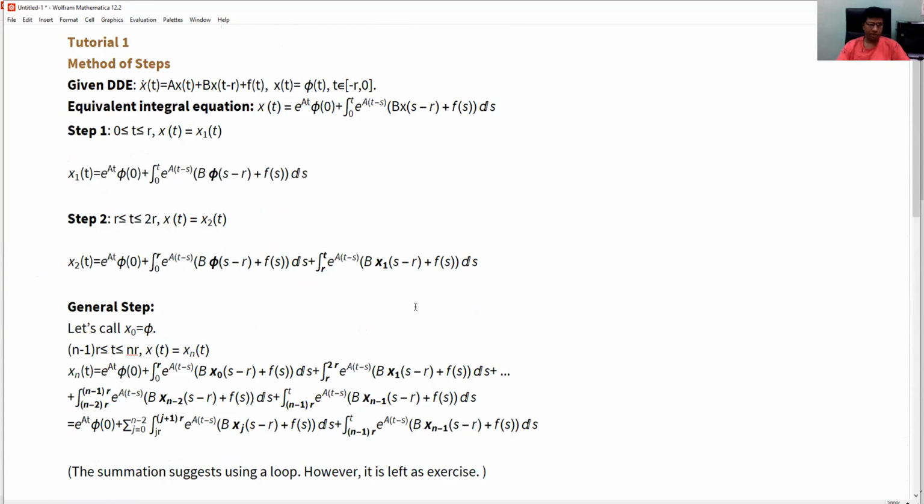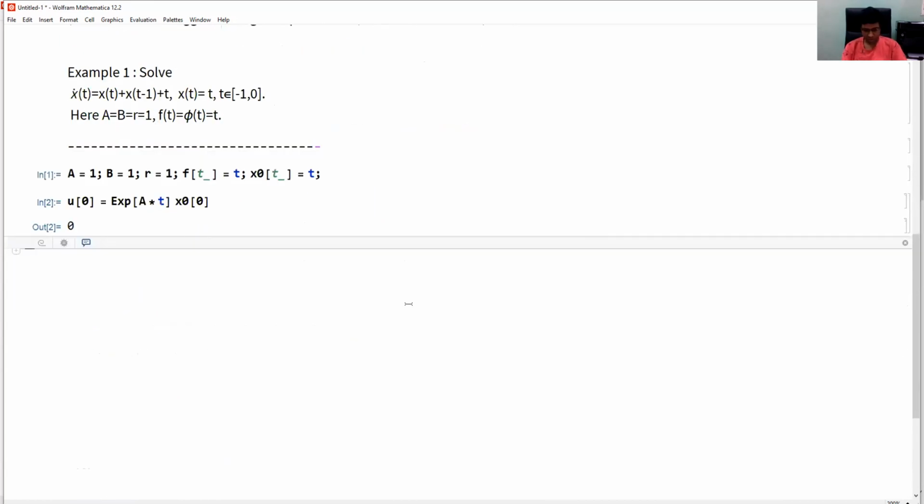From this we can compute x1. Let us write the definition of x1 of t. x1 of t equal to, we are going to use Simplify, because for higher steps we need to simplify the expression. So we can put Simplify directly in this step only.